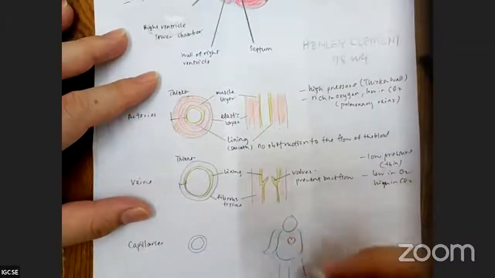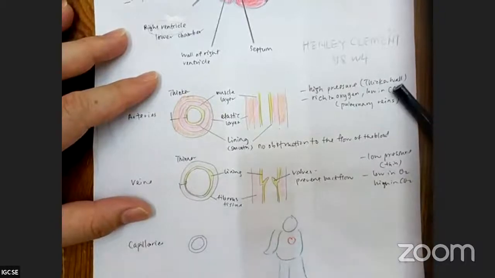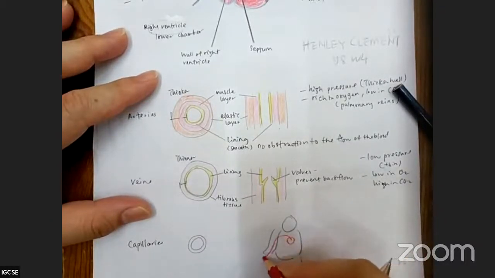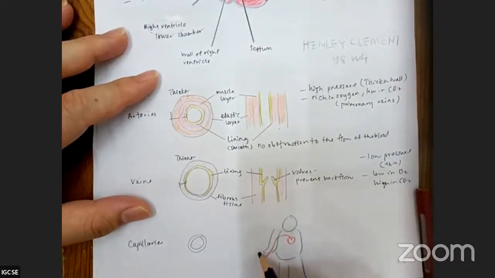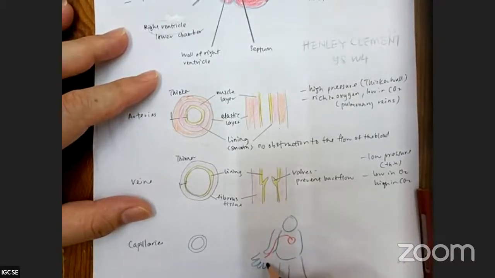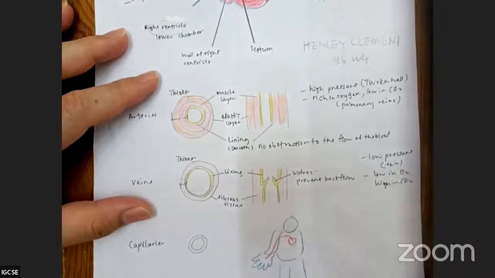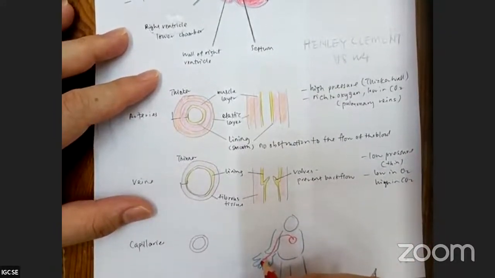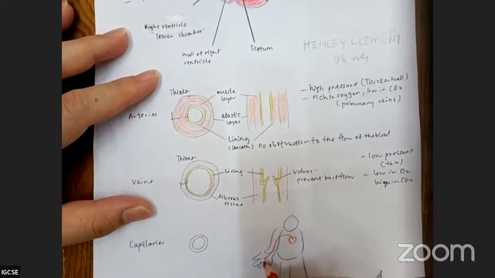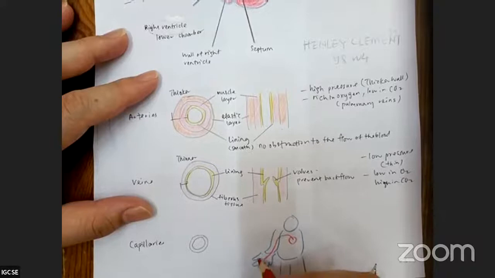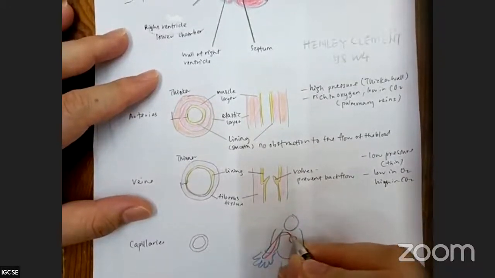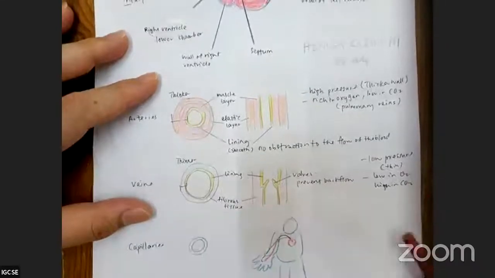When the heart pumps the oxygenated blood to, for example, the finger of this person, there will be an exchange site here in the hand to provide oxygen, glucose and so on, and then the blood will go back to the heart through the vein.